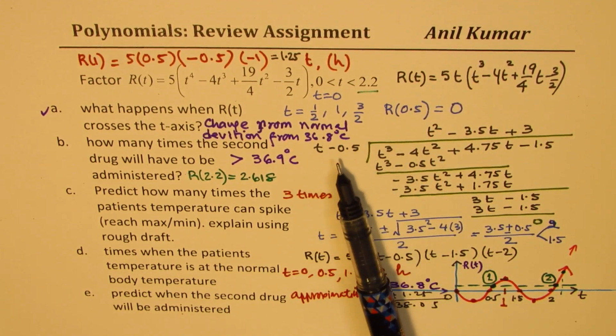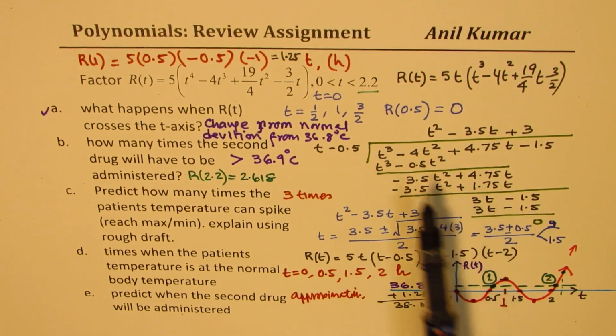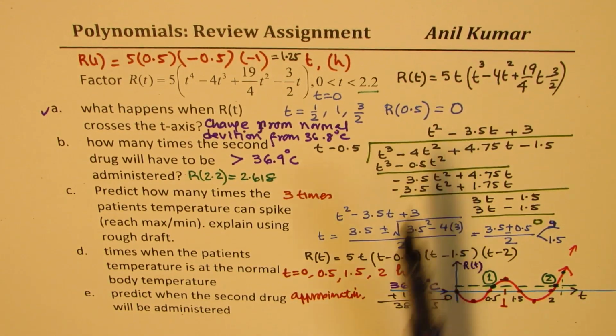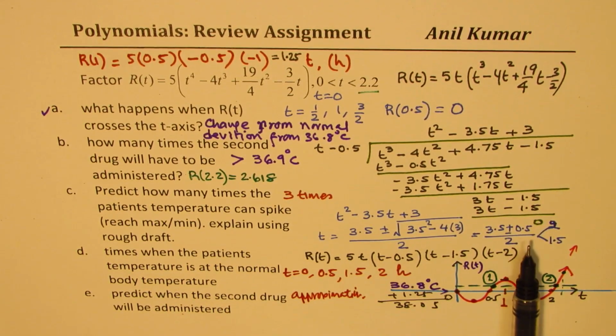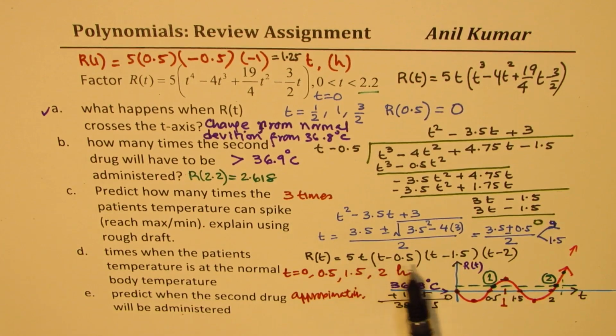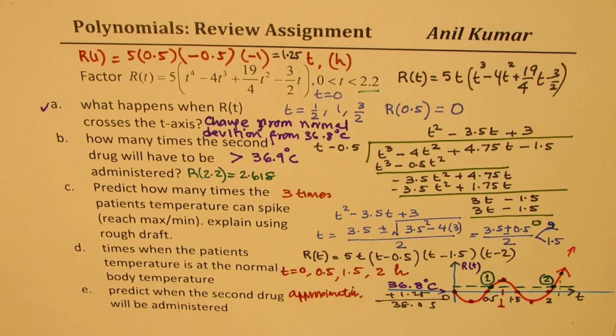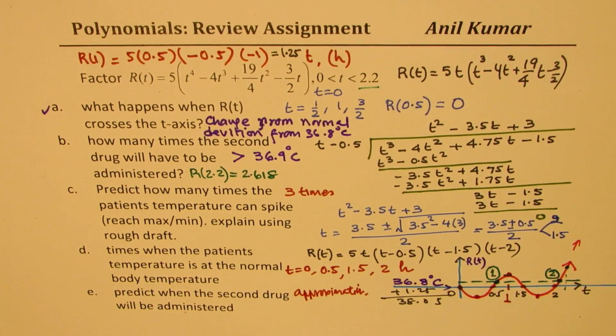Once we got t minus half as one of our factors, we did the long division. You could do synthetic division, got the quadratic equation, used the quadratic formula to find the other factors, and then we predicted when are the t-intercepts, which is the normal body temperature for this case, and thereby we answered most of the questions pertaining to the given situation.